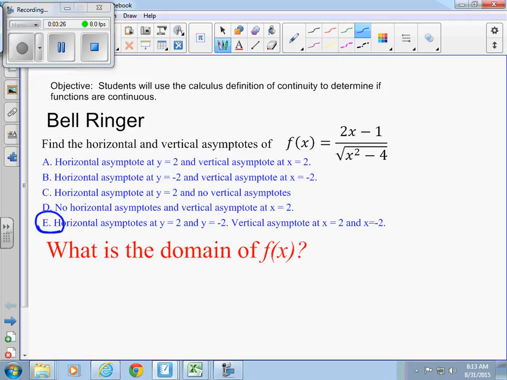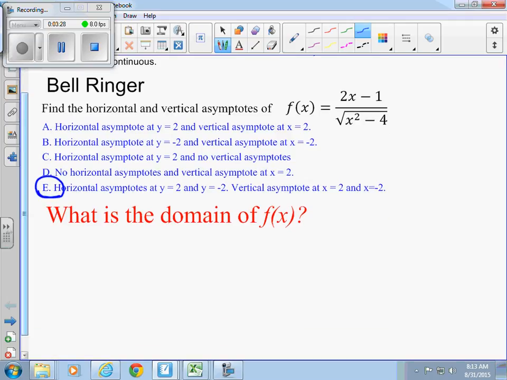So I know that the denominator can't be 0 and the square root can't be negative. So I think this would cover all of my bases. X squared minus 4 has to be strictly greater than 0. How did y'all solve that out if you had an inequality?